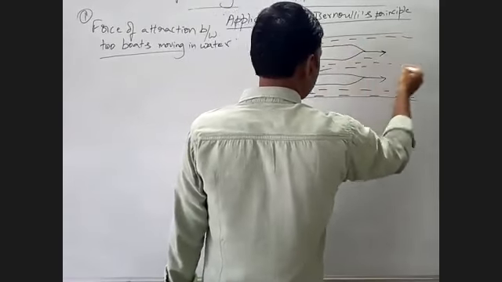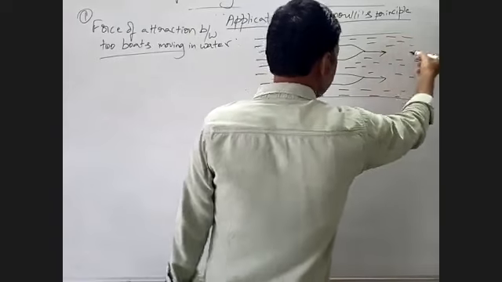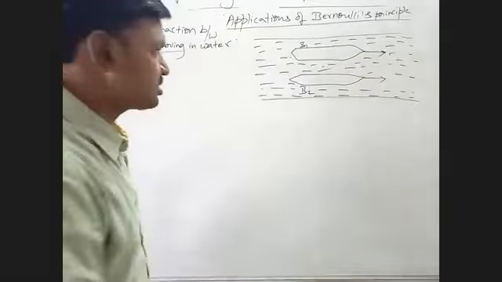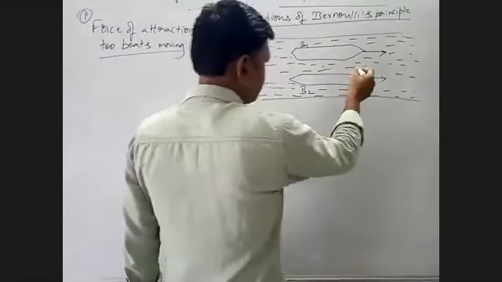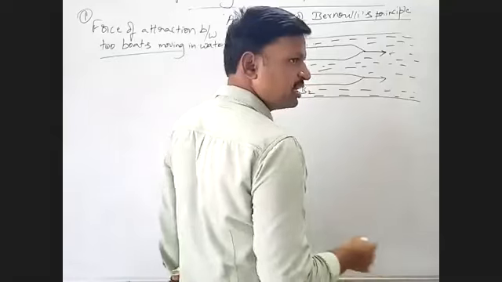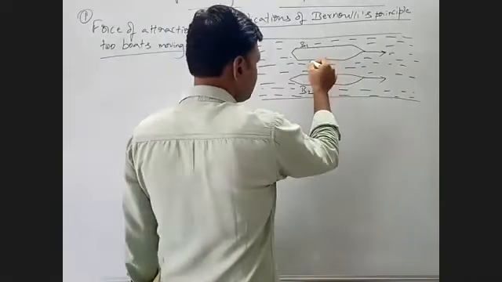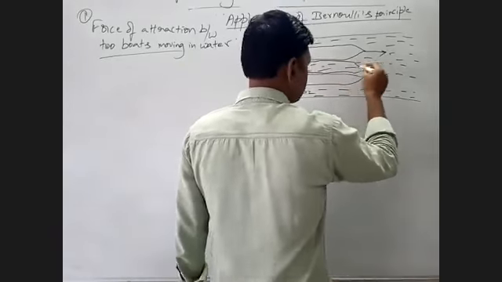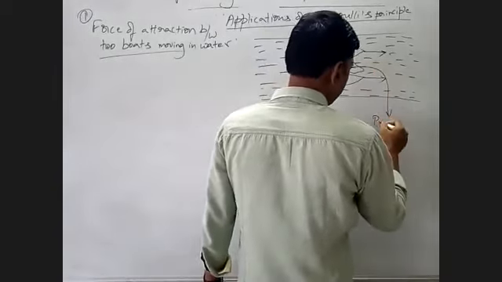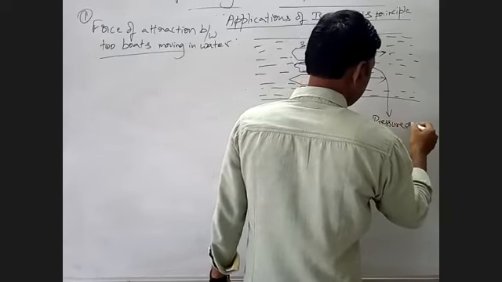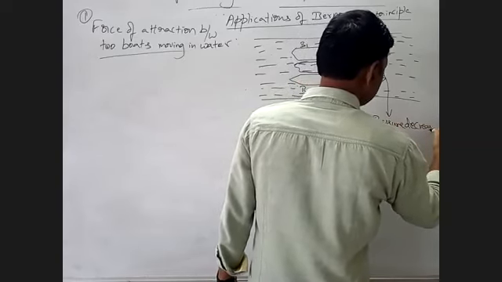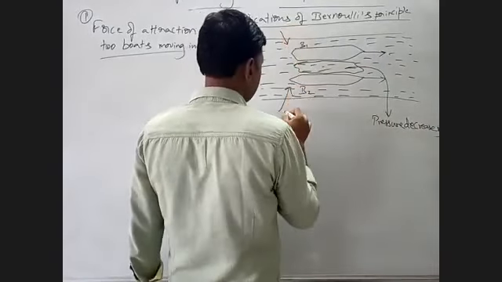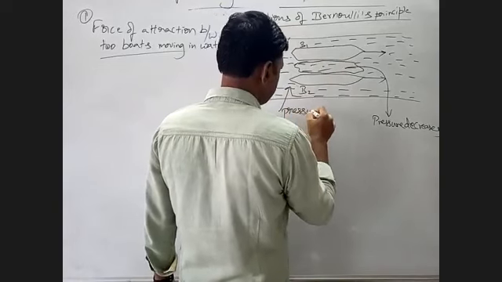As per Bernoulli's principle, the total energy per unit volume is constant. So when these two are moving in a direction like this, in this region between them, pressure decreases. And on the outer sides, pressure increases.